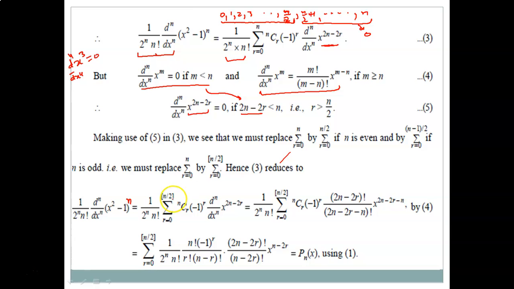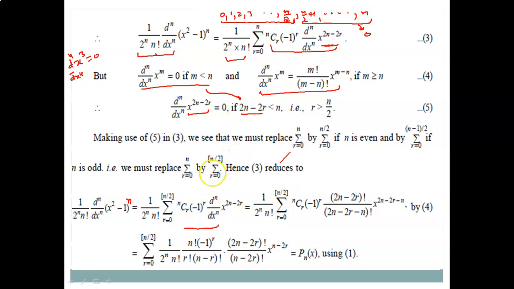This bracket means, as you already know, its value is n by 2 when n is even, and n minus 1 by 2 when n is odd. Fine. So this term remains as such, only we have neglected the terms for which r is greater than n by 2. So we are getting this kind of expression.